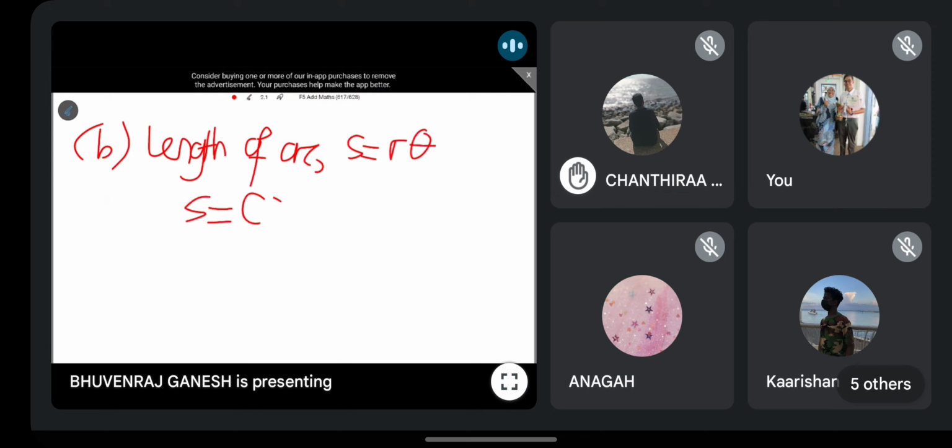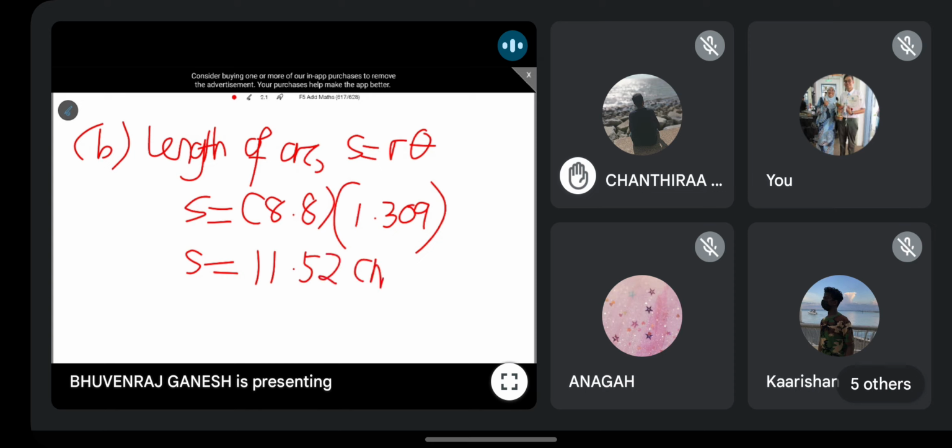R is 8.8, and theta is, I also forgot, 1.309. This is theta. So you calculate the arc length by multiplying by 8.8, and you will get 11.52 cm.